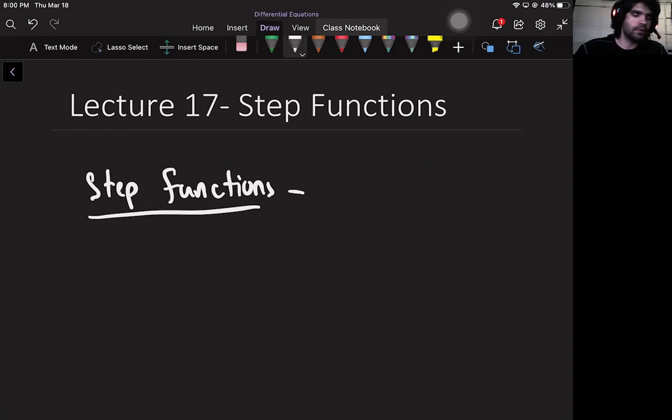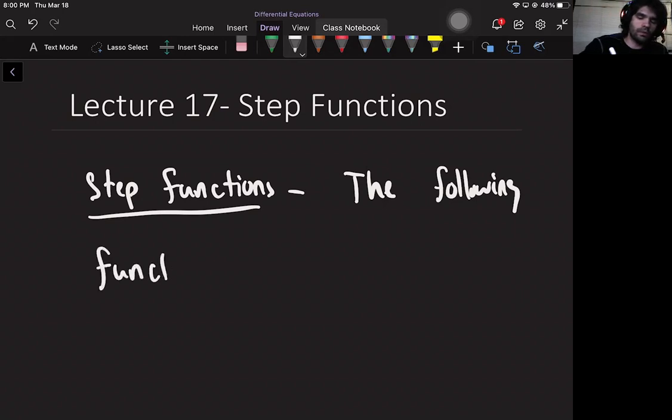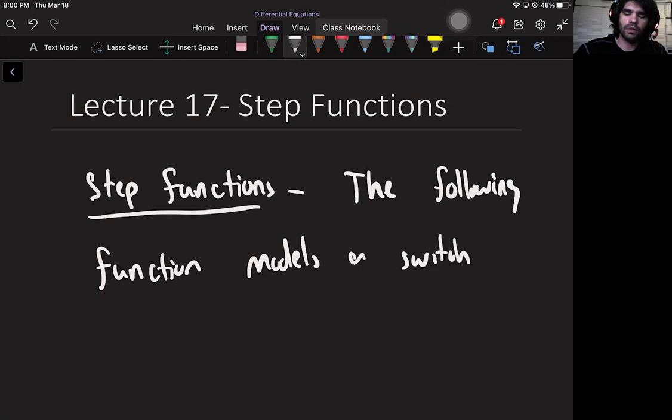So what is a step function? It has a couple other names too, but I'm just going to stick with this name. Well, step functions are based on the following function. What you want to think about as a switch, some sort of switch that's either on or off.